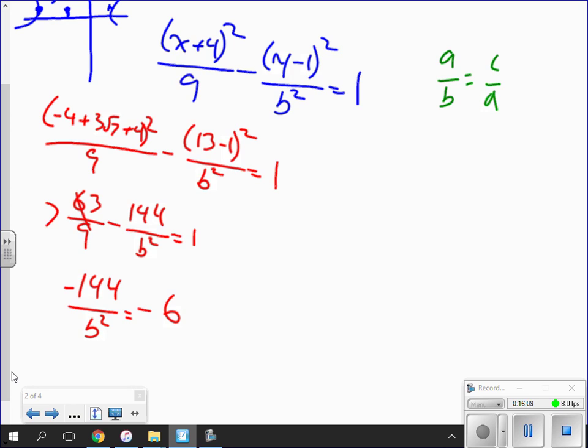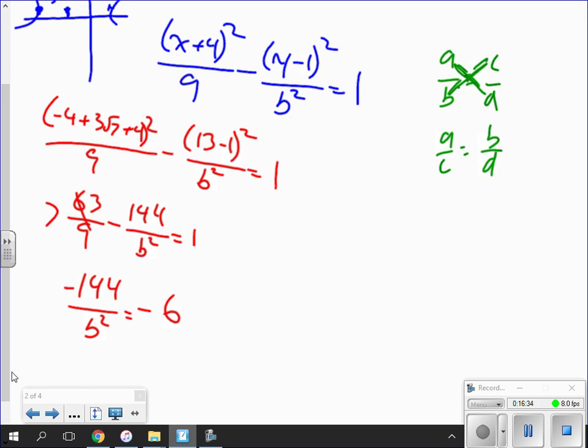You can take both of them and flip them over. You can swap the means, you can swap the extremes. That's what I like to do. It's the same thing. A over C is equal to B over D. I can swap these two, or those two, or just flip the whole thing over. If I can set up a proportion, it makes it really easy to solve.